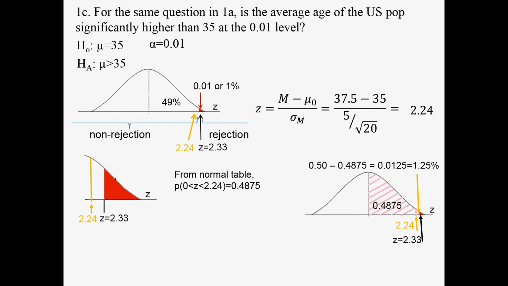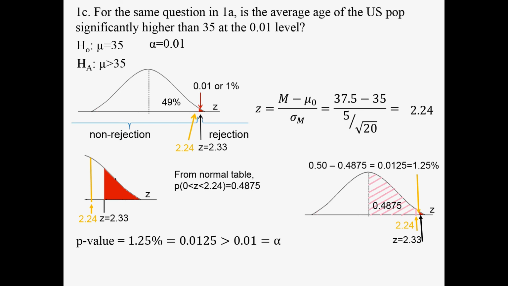Now, we know that 1.25% is the size of this upper corner. In a one-tailed test, the p-value is the size of that one corner. So the p-value is 1.25%. 1.25% is larger than 1%, which is alpha.